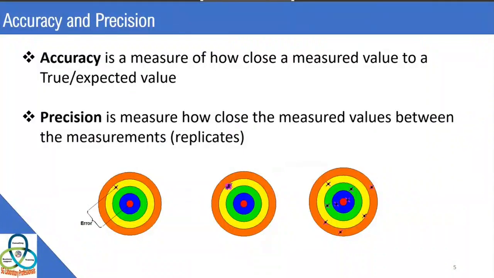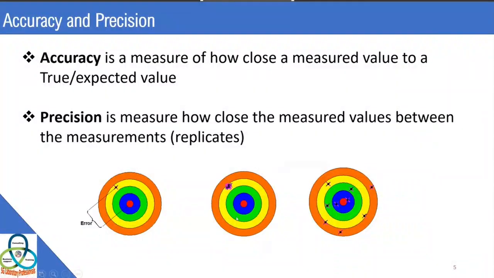In the first figure, the target spot is the red circle, whereas the person threw the arrow to the yellow region. That means there is some difference between the target spot and the experimental or achieved spot. This difference is what will be defined as error, which we will talk about later in more detail.